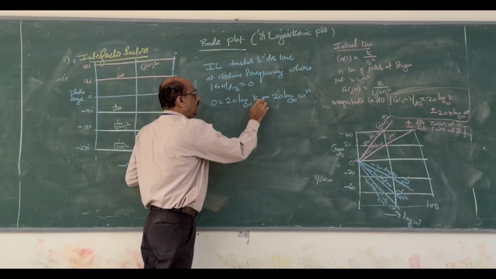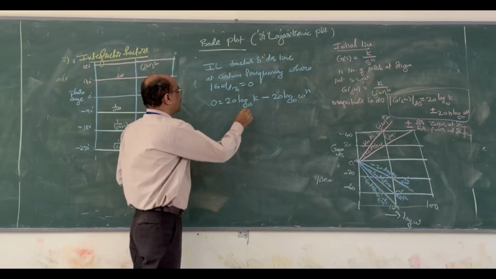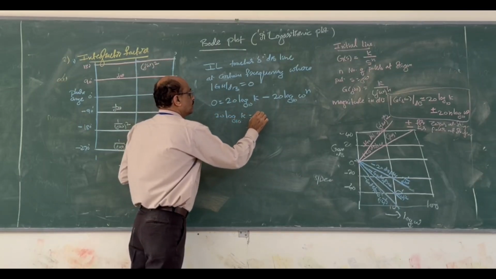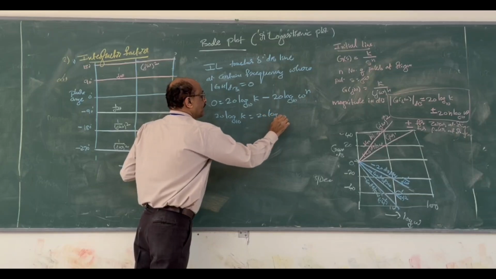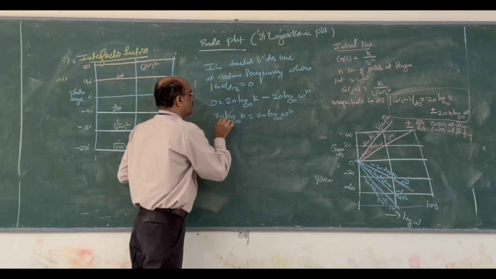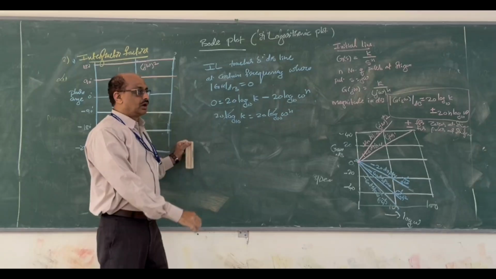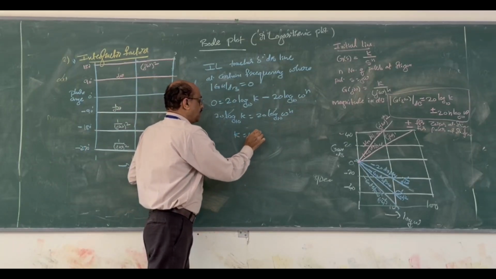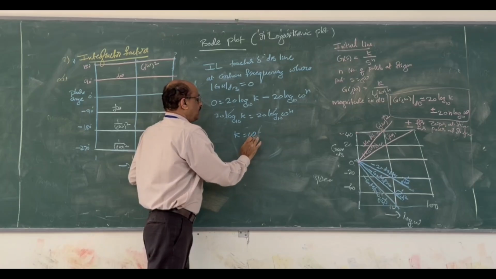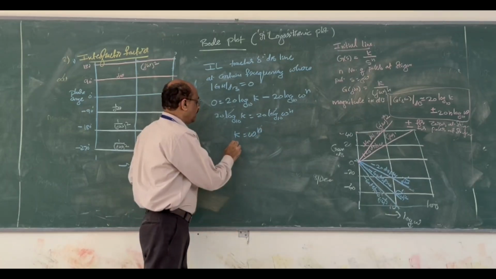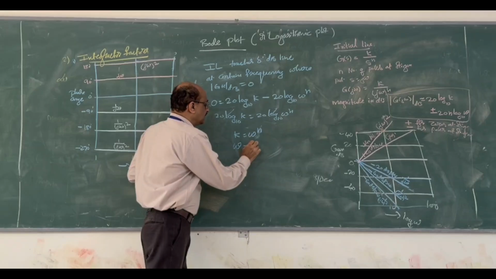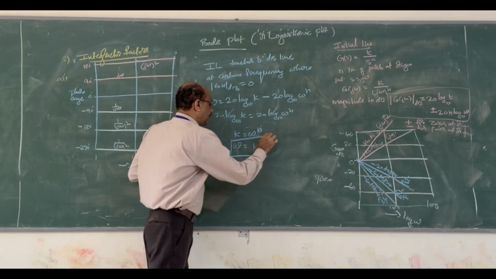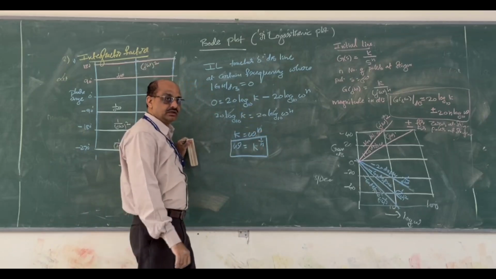So 20 log k minus 20 log omega to the power of n, or 20 log k equal to 20 log omega to the power of n. Taking the anti-logarithm, k equals omega to the power of n, or omega equals k to the power of 1 by n.